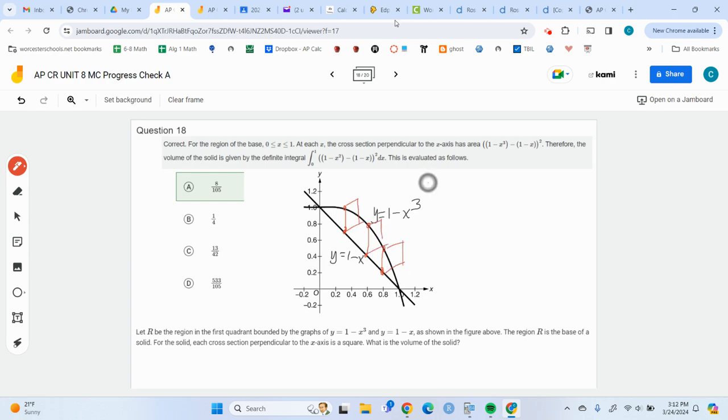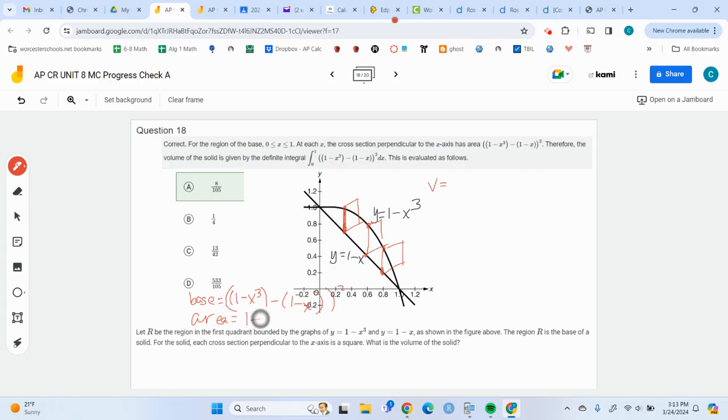So what's the volume? My base length, first I need a random base. To get this length, I need top minus bottom. So it'd be 1 minus x cubed minus 1 minus x. And then in order to find area, it would be this squared because I have a square coming up out of the paper.